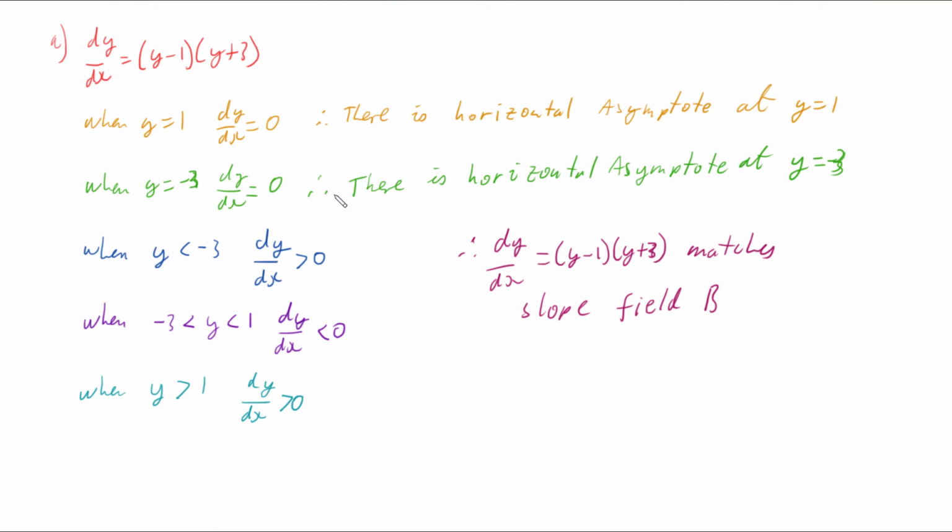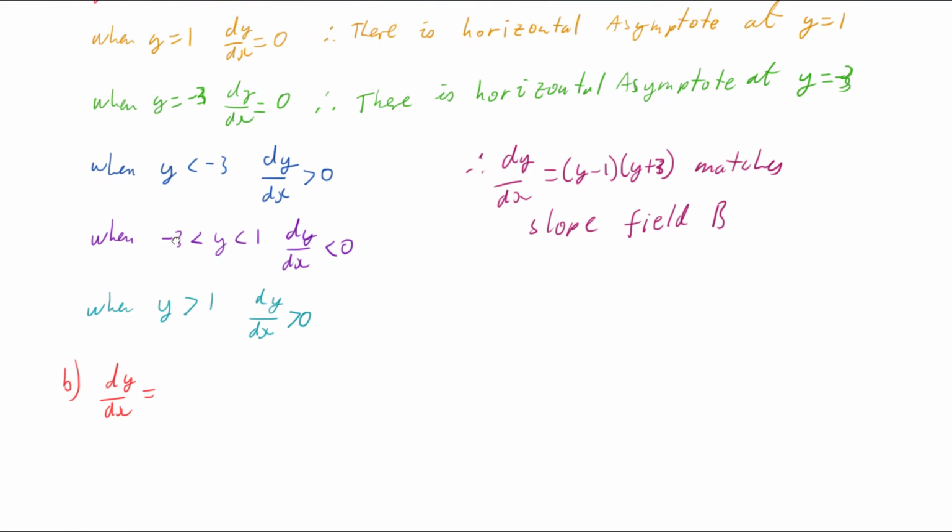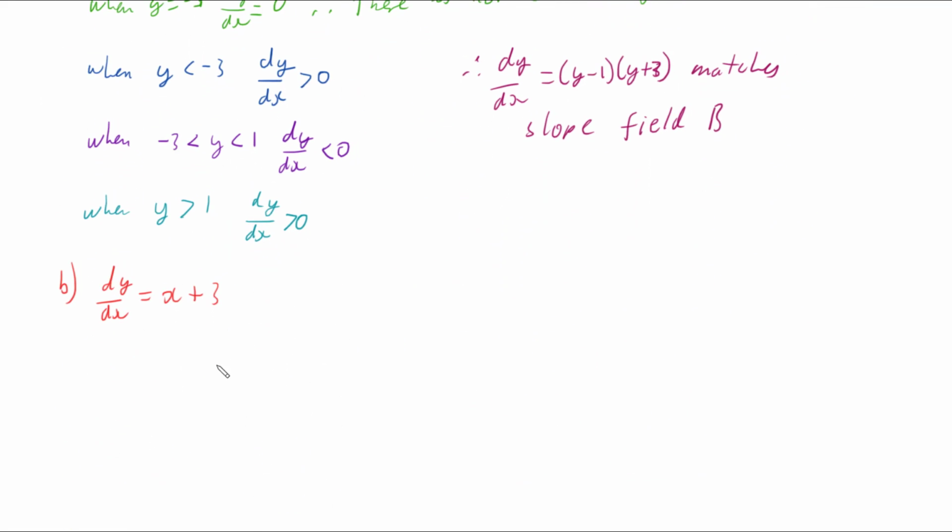So let's do the same for part B. Part B, we have dy/dx = x + 3. So there's not much really that we can talk about with this one. We just have to think about what happens at different values within our slope. So let's think about what's going on with different values of x.